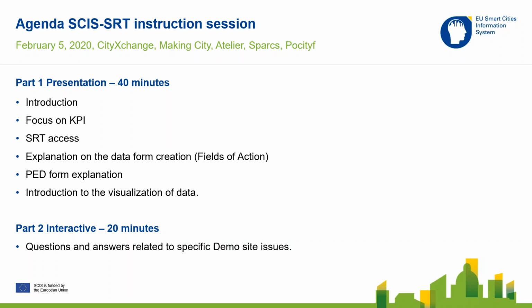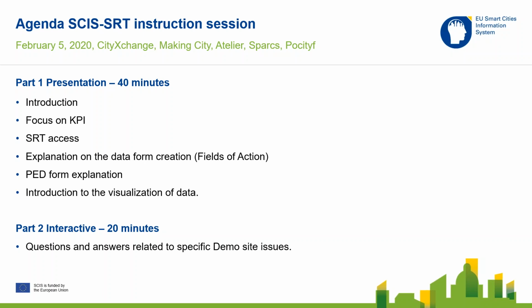So we have until about 10:30 the first part, which will be recorded. It's about 30 to 40 minutes, I guess, and the topics that we will cover are a brief introduction to the self-reporting tool. So everywhere where you see the abbreviation SRT, it means self-reporting tool.